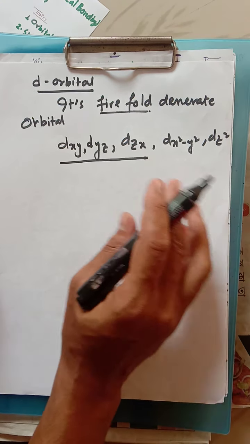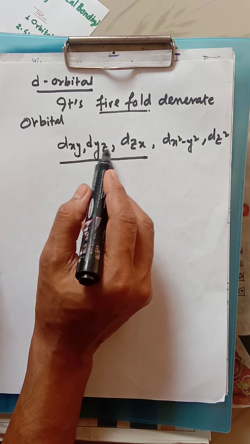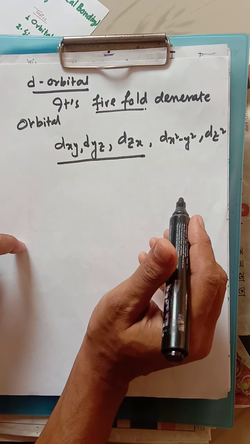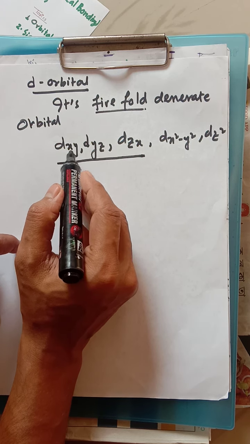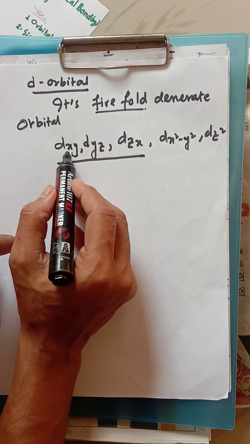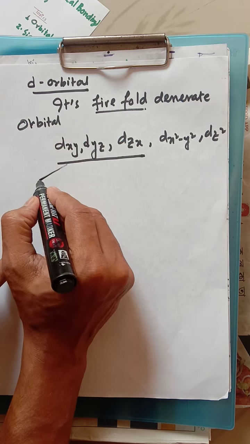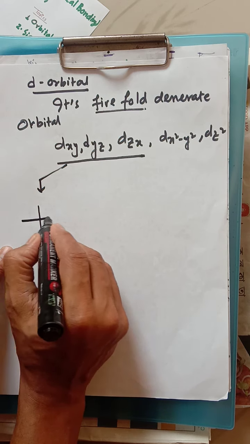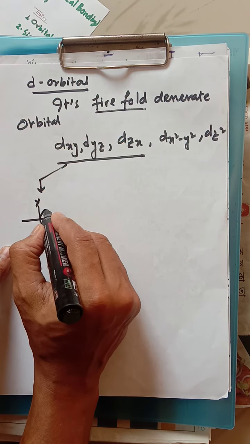But mind that for dxy, dyz, dzx, the lobes are in between two axes. Whatever alphabets are written, that means for xy the lobes will be in between x and y. So how can we picture this? Let's see. If it is dxy, with the x-axis and the y-axis, the lobes will be like this.